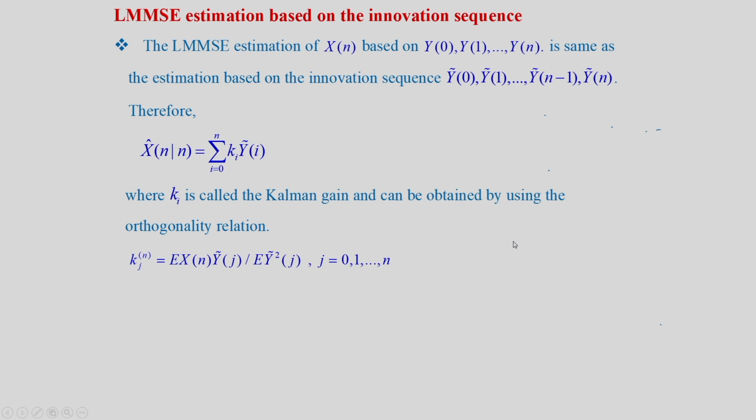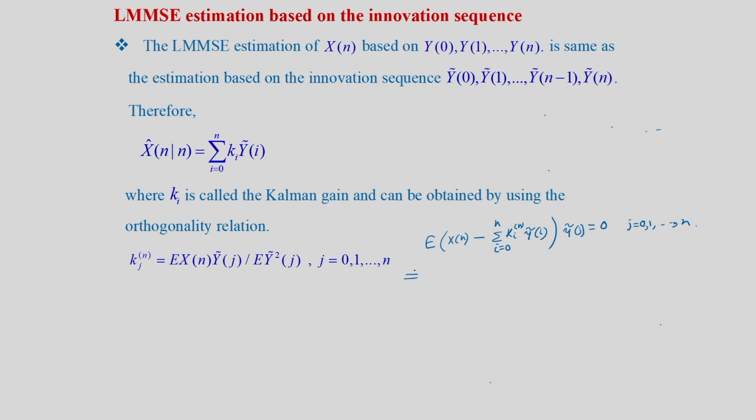Because error is orthogonal to data, E of x n minus summation k I n into y tilde I going from 0 to n, this is the error, into the data y tilde j, must be equal to 0 for j equal to 0, 1 up to n.